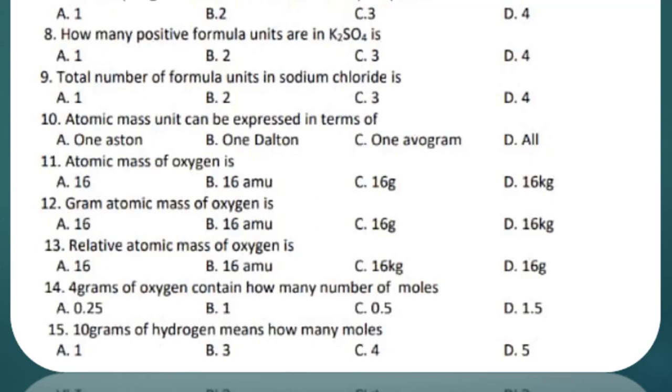Is it clear? 16 grams of oxygen contain 1 mole, then 1 gram contains 1 by 16 mole, then 4 grams contain 1 by 16 into 4, that is 1 by 4, which is 0.25. The 14th answer is 0.25.